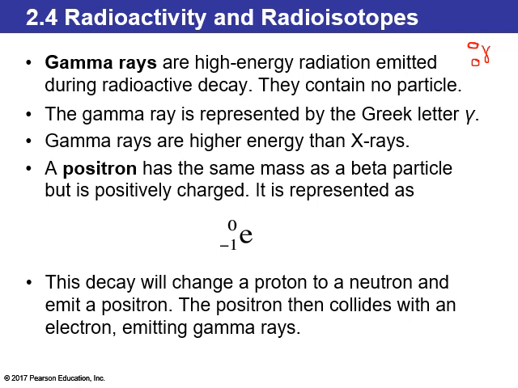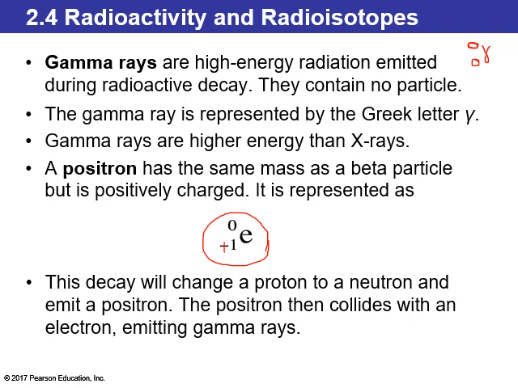A positron, we said a positron has the same mass as a beta particle, but is positively charged, and this is wrong. This again came from Pearson, so there should be a little positive down here on this guy. So this is a positron, same mass as a beta particle, but positively charged. It's represented as an electron with a +1 on the bottom down there.